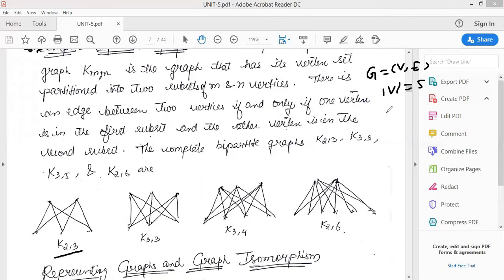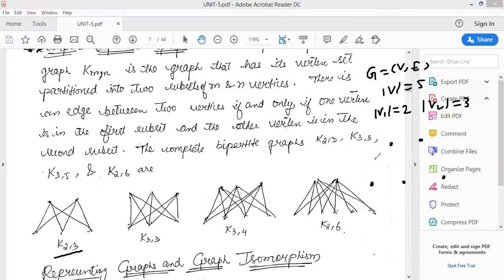I am dividing these 5 vertices into two subsets, V1 and V2. In the first subset I am taking 2 vertices, and in the second subset 3 vertices. According to the definition of the complete bipartite graph, I draw the first set of 2 vertices here and the second subset of 3 vertices here.